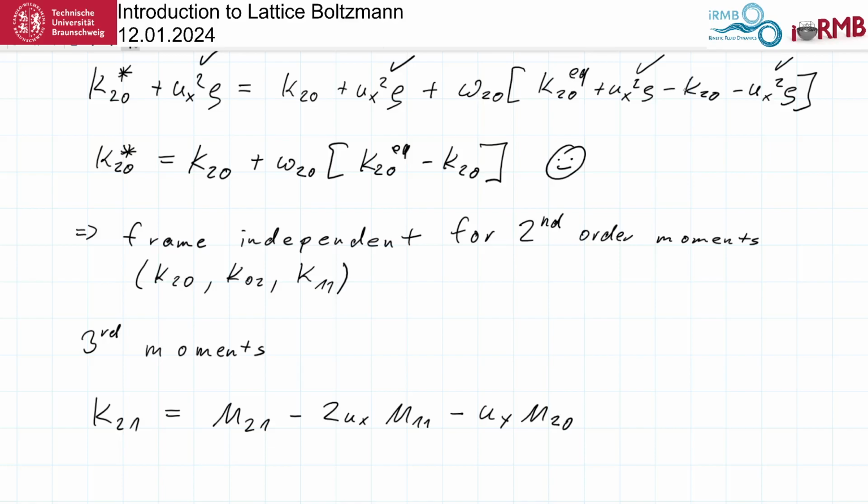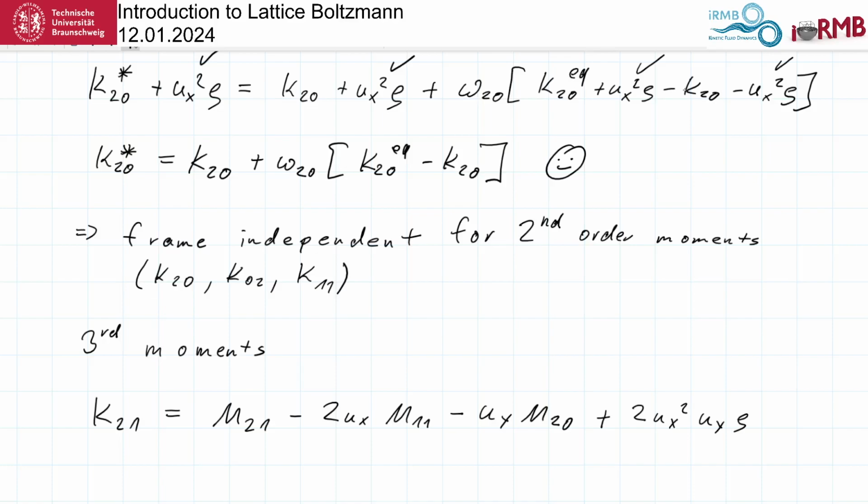As I told you, the binomial transform implies that the moment K21 is a function of all the raw moments up to the order A equal to 1 and B equal to 2, A equal to 2 and B equal to 1. So they are appearing here, and we're still missing 2 UX UY rho.